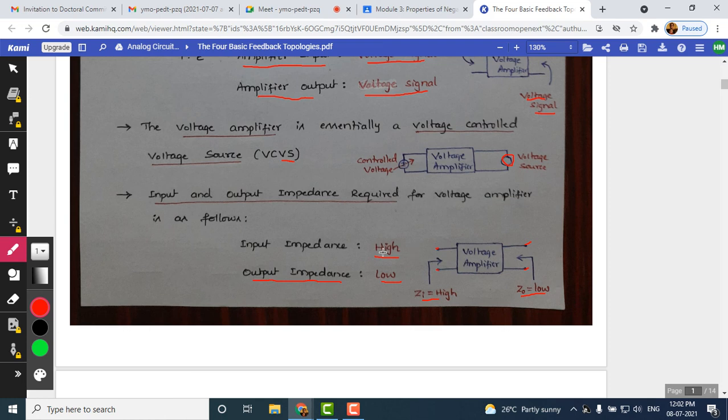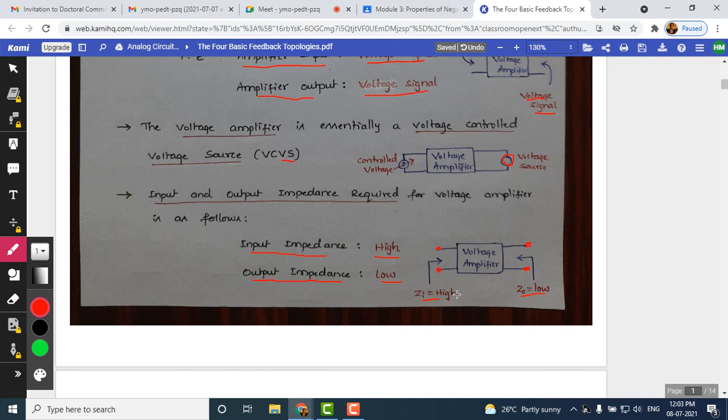The impedances that we expect from this voltage amplifier: the input impedance has to be very high and the output impedance needs to be very low. When I say input impedance, we are measuring it between these two terminals, the input ports here, and output impedance is measured between these output ports here.